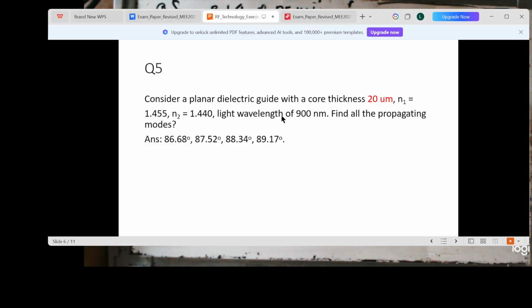And then from the propagation constant, you work out the angle. Normally, this angle is the angle of incidence. At different modes, the angle of incidence will be different. Okay, now we are going to start.